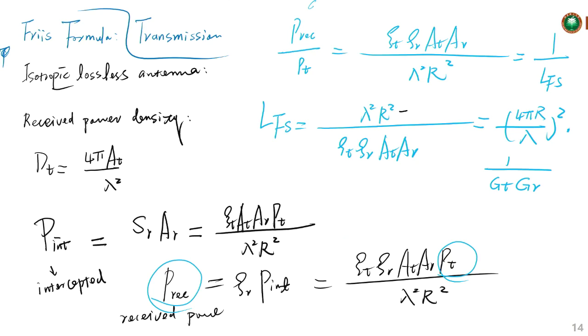So now we get the expressions for the power loss. It can be expressed as only (4 pi R over lambda) square, 1 over Gt, 1 over Gr.